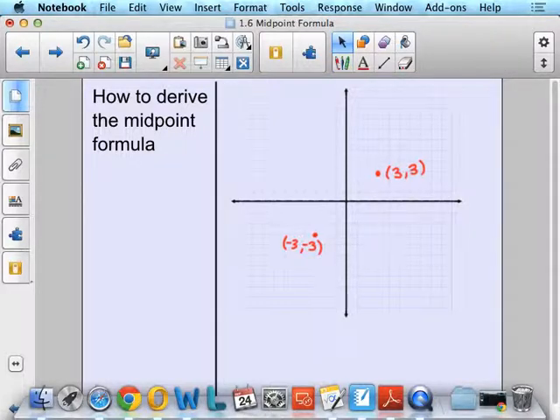If I was looking for the midpoint of these 2 points, that just means I'm looking for the center. The midpoint, I'm going to label M.